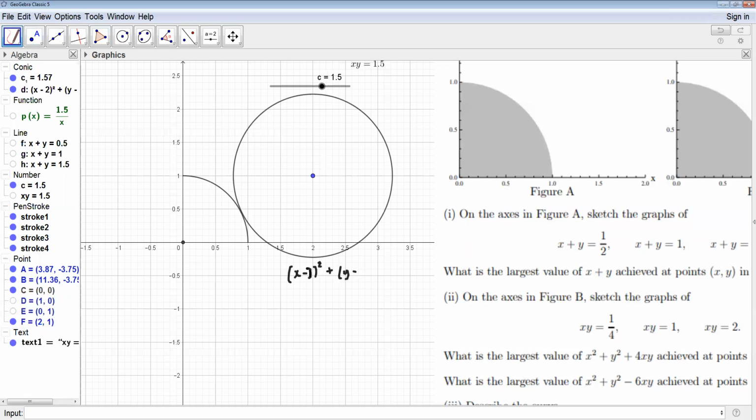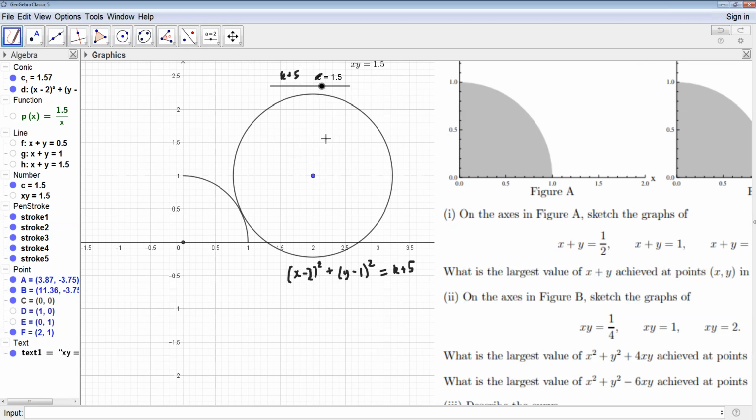I keep writing it as x minus 1, it's actually 2, apologies. That's this equation. I've called it k, that's what k plus 5 equals if I use this little slider.